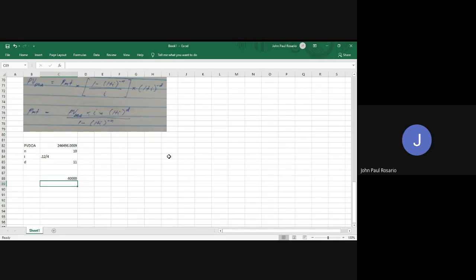Guys, nag-try ba pag-derive sa formula? Nag-try mag-solve or wala?